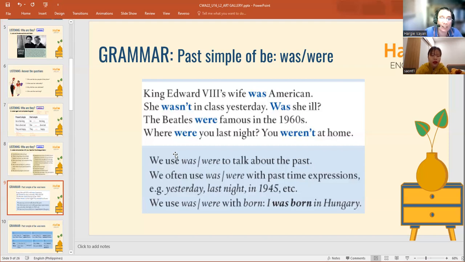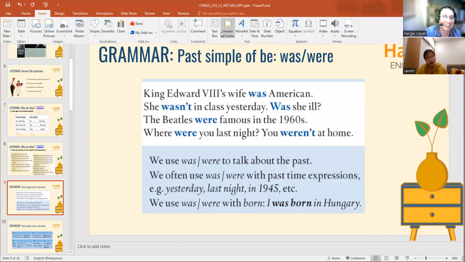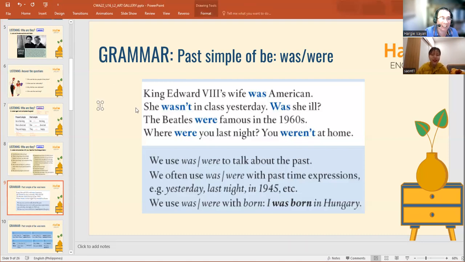Now look at this one. Why do we use was not? Was not is the short form for wasn't.